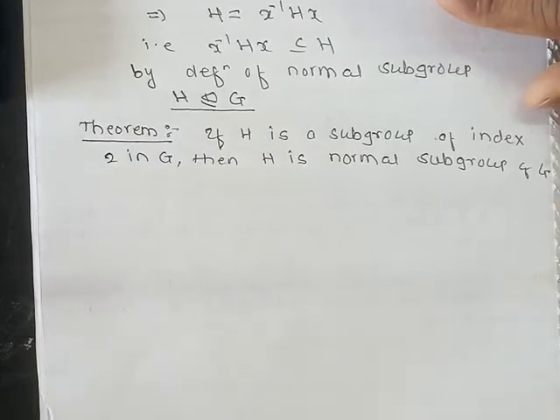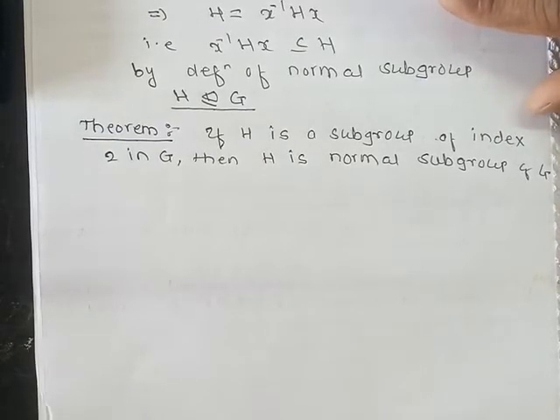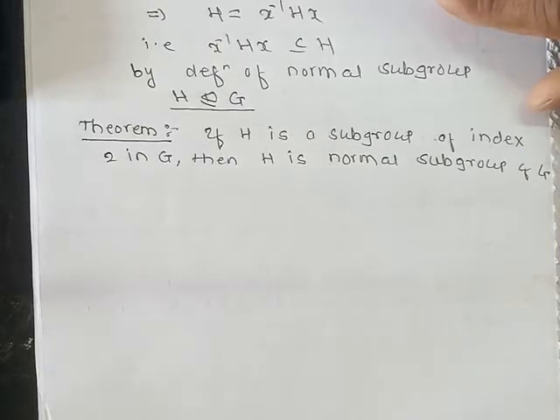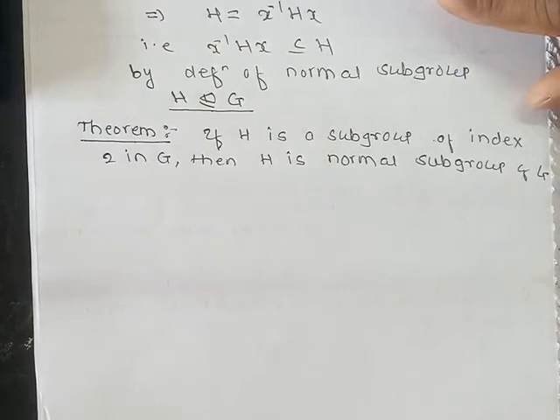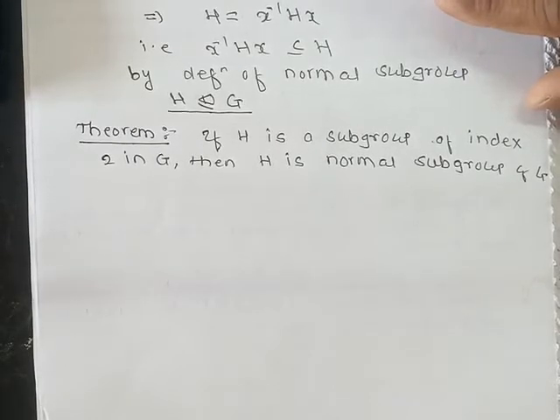Index is nothing but the number of left cosets or the number of right cosets. In order to find the index in finite ordered groups, we simply divide the order of the group by the order of that subgroup. But in an infinite ordered group, the index is the actual counting of the number of left cosets or the number of right cosets.